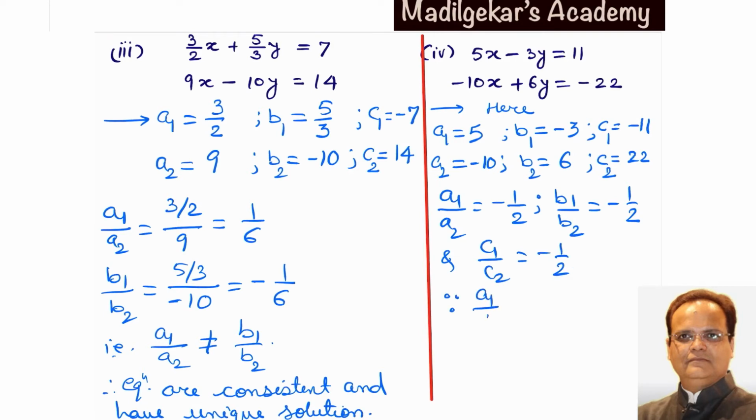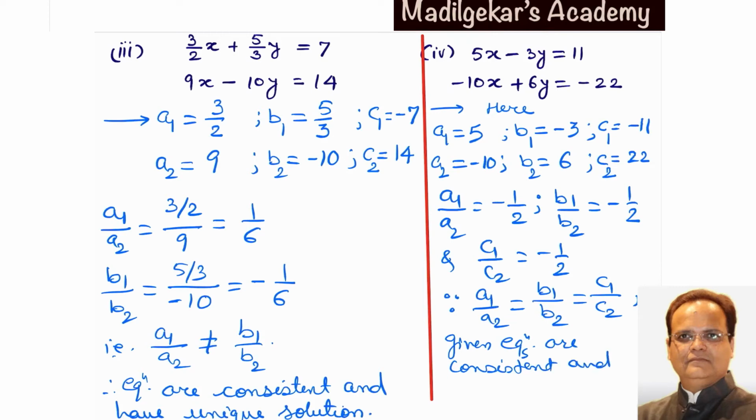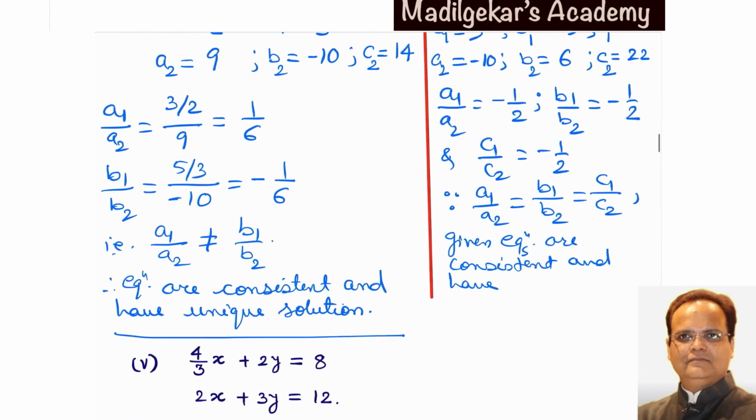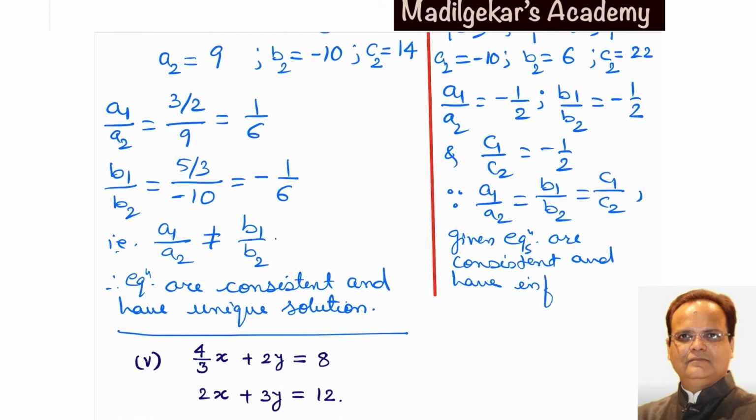Since all the three ratios are equal, A1 upon A2 is same as B1 upon B2 is same as C1 upon C2, we can conclude that given equations are consistent and have infinitely many solutions.